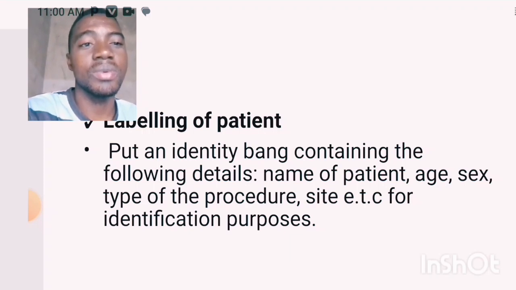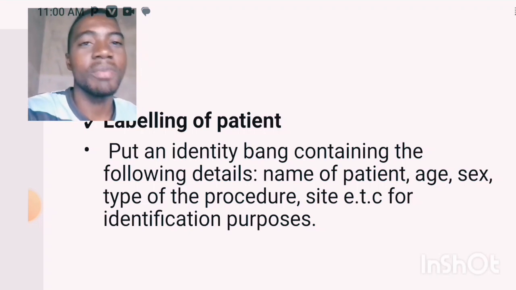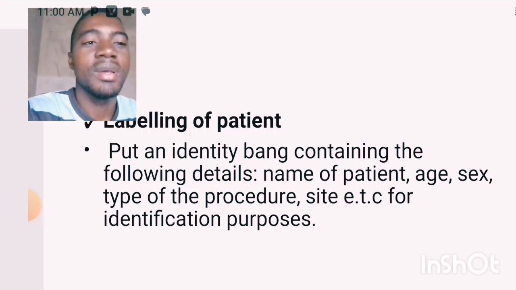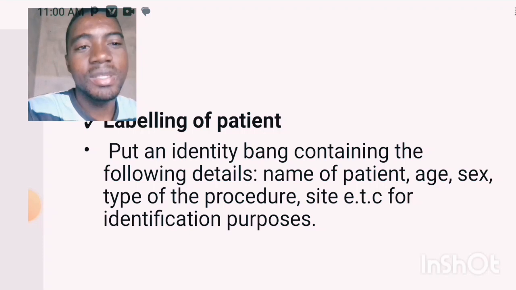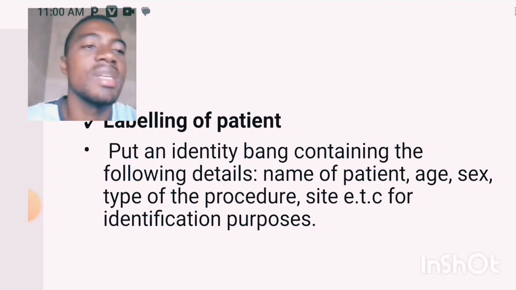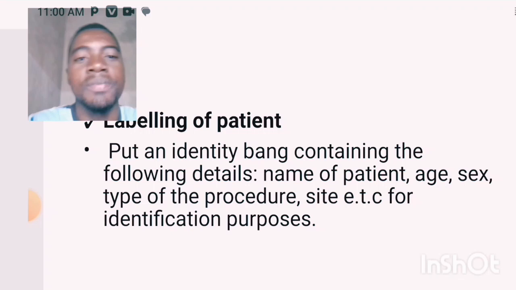How is the doctor going to know the type of procedure and the site? If the patient is having an operation on the eye, make sure you write left eye. If the patient is having an incision on the abdomen, make sure you indicate the abdomen. The age and the sex, the doctor must have all of this information.